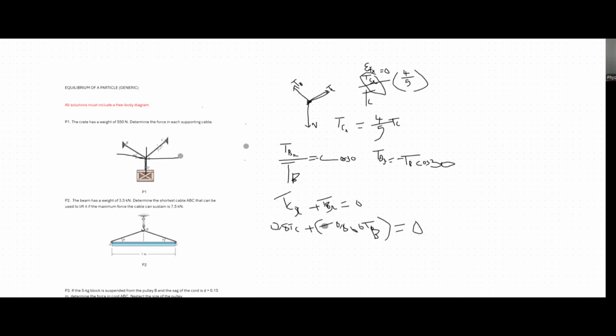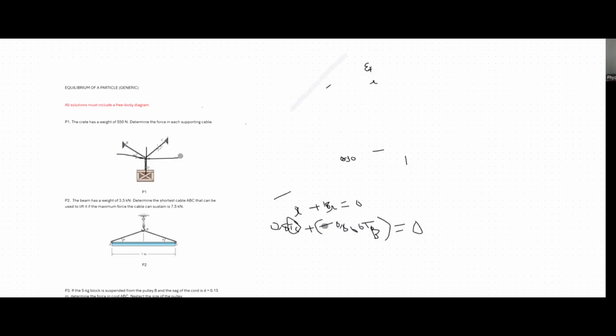So we are going to make TC the subject of the formula.